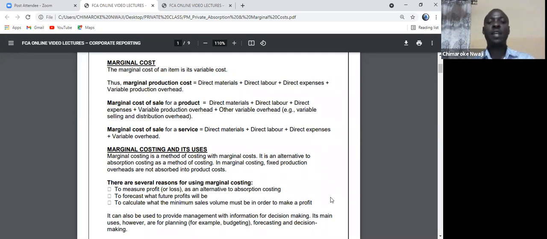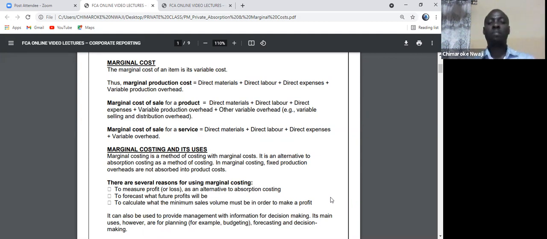So you see here that when we say direct materials, direct labor, and direct expenses, we know these things as prime costs. So we simply say add the prime costs with the variable production overhead. Then you would have gotten marginal production costs.